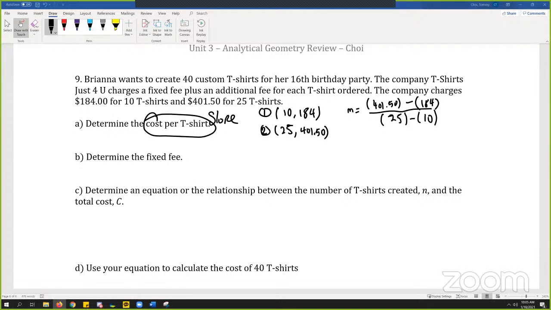So when you plug this into your calculator, 401.50 minus 184 gives you 217.5 over 15.